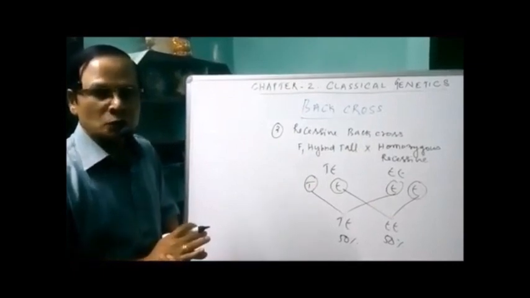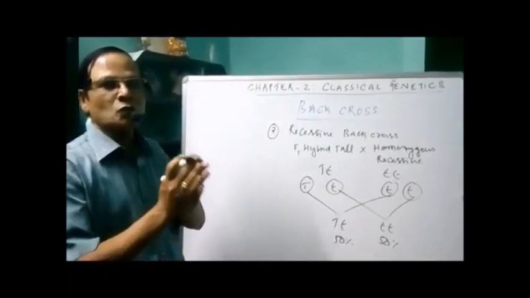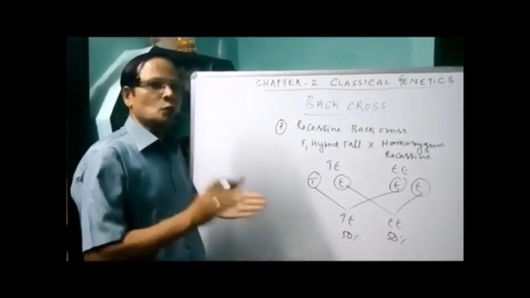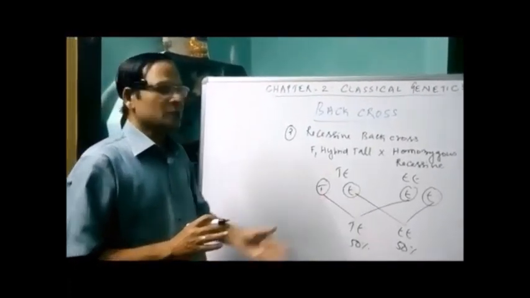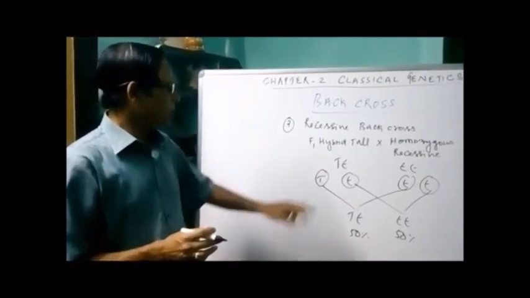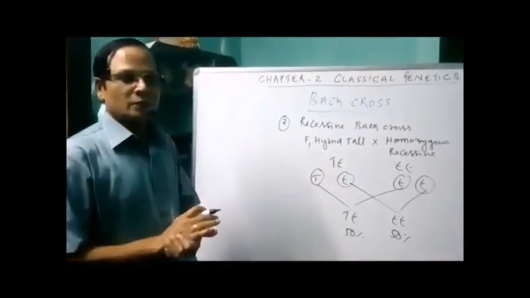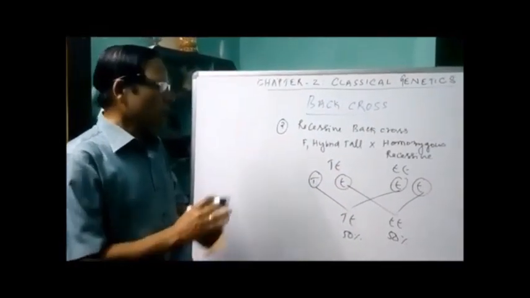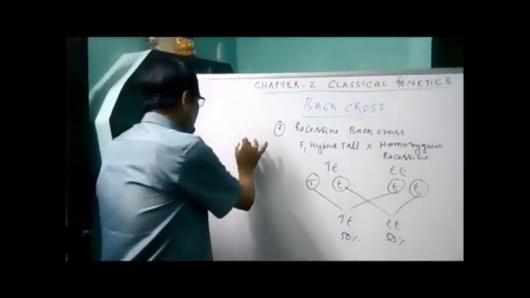Now this cross is used to find out the heterozygosity of the tall parent, whether the tall parent is homozygous or heterozygous. If it is homozygous, all the plants in the F1 generation are tall. If the F1 hybrid is heterozygous, when it is crossed with a homozygous recessive, it will give both tall and dwarf plants in the ratio 1:1.